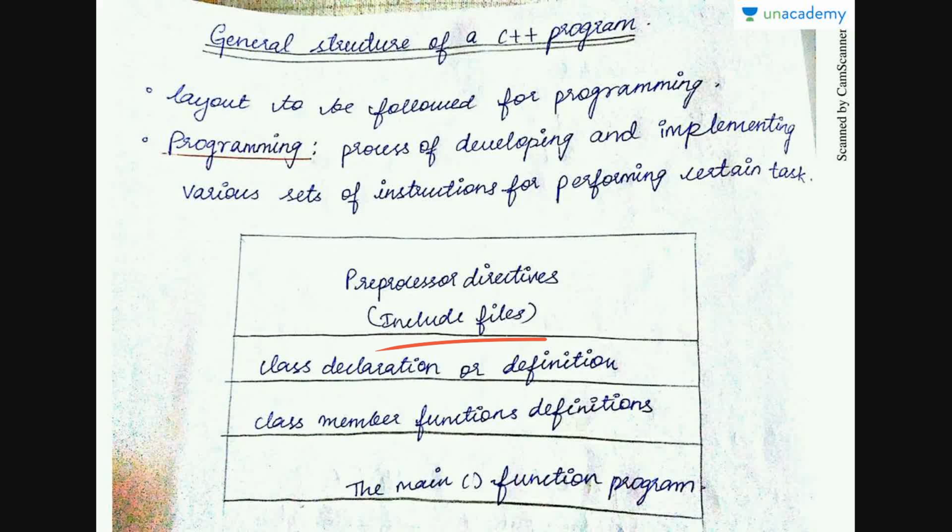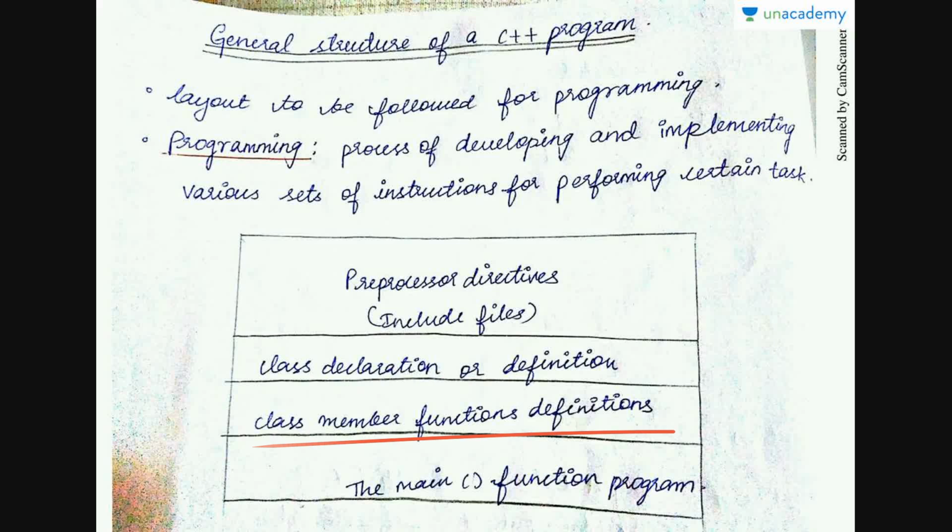As you know, C++ is an object-oriented language. You would have seen what an object is: C++ considers everything as an object. So a class is the blueprint of an object. Hence, if we have something for a class, we'll declare it first, and then we'll have the class member function definitions.